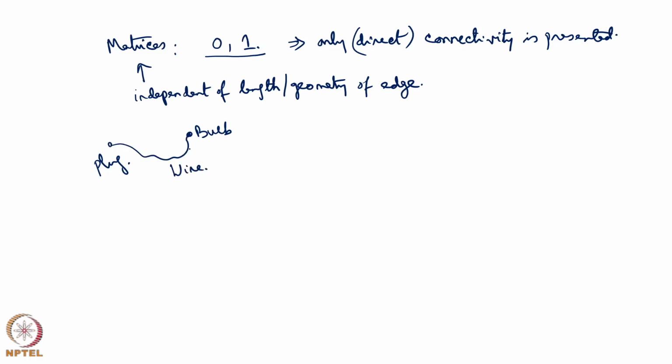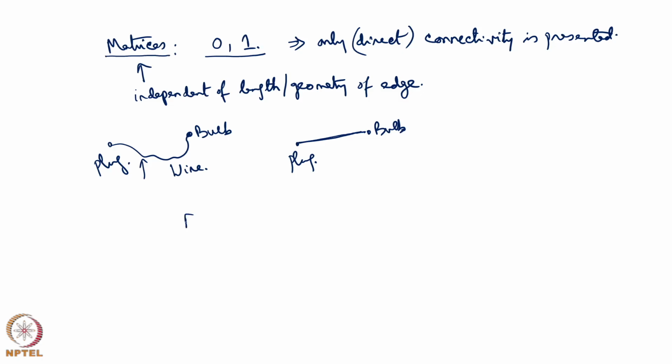Now, this wire can be oriented like this, plug and there is a bulb, or it can be oriented like that. So, you can see the edge geometry, whether it is a straight line or curved line, and the length do not matter in case of graph theory and in case of the presentation in the matrix. This is an obvious and important point.